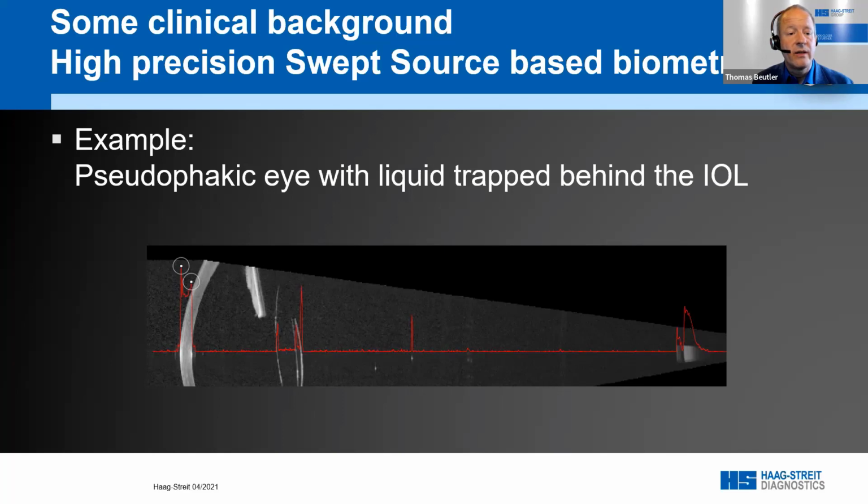What then was done, they basically removed the liquid behind the lens, shifted it into its perfect position, and everything was fine. And that's a good example how the B scan can improve your clinical judgment on a patient, and also improves your interaction with the patient to get him happy.